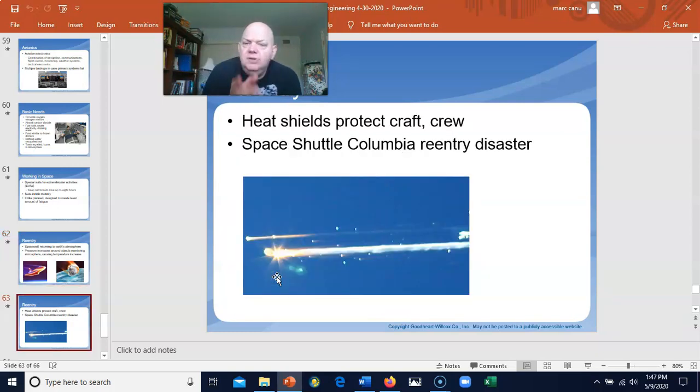Now, the purpose of those heat shields is to protect the craft and the crew. And we have to talk a little bit about the Space Shuttle Columbia reentry disaster. What you're seeing there is actual footage of the Columbia breaking up upon re-entering into the atmosphere. What happened?